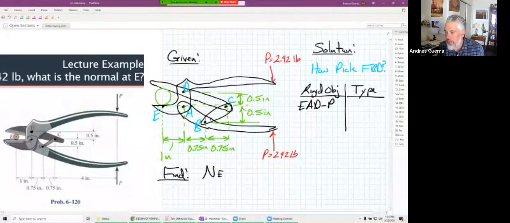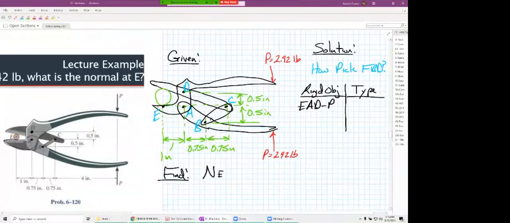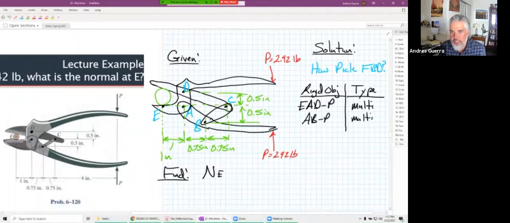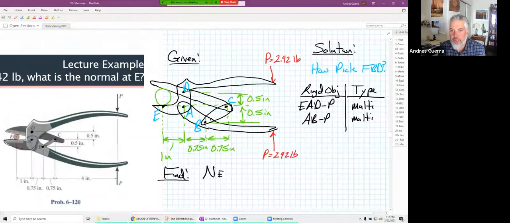What kind of rigid object is that, Spencer, while I've got you on here? Would that be a multi-force? Absolutely, right? There's definitely more than two locations where forces occur. That's all we're trying to do here. What about AB to P? That's also a multi-force because it's got 1, 2, 3 locations.